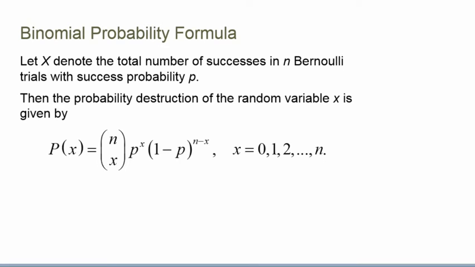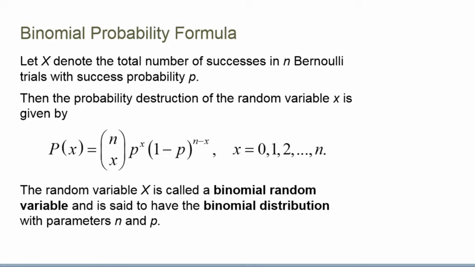Then the probability distribution of the random variable x is given by P of x equals n choose x times p to the x power times 1 minus p in parentheses to the n minus x power, x equals 0, 1, 2, and so on until we get to n. The random variable x is called a binomial random variable and is said to have the binomial distribution with parameters n and p.